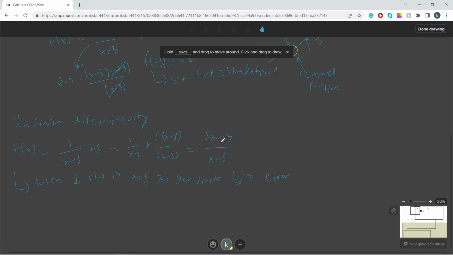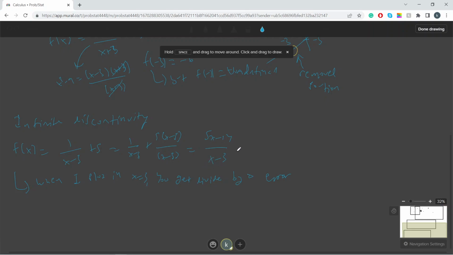But let's say you plugged in something like 2.99999, right? So what will happen is this number right here, what will it approach? It's going to approach a number really, really close to 1, right? And if you plug 2.99999, you'll see that 2.99999 minus 3 is equal to negative 0.0000001, right?